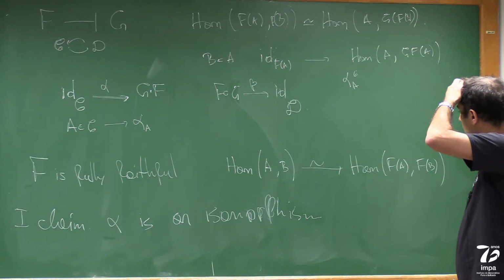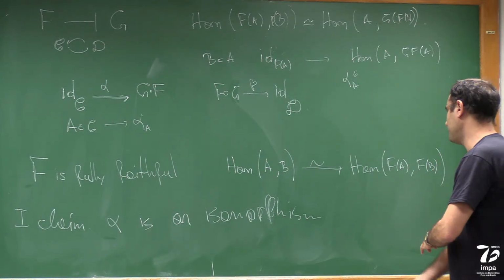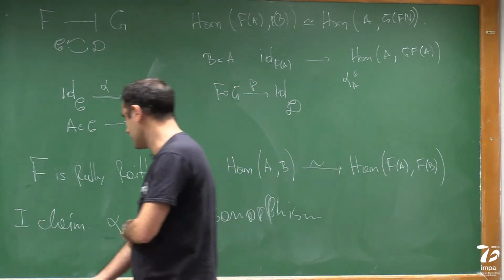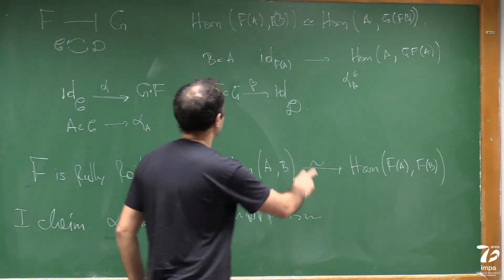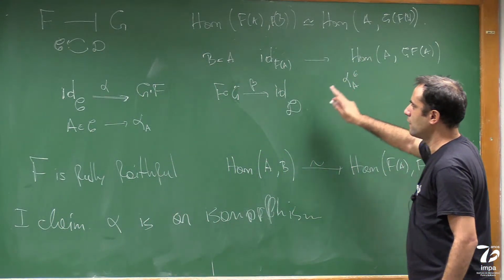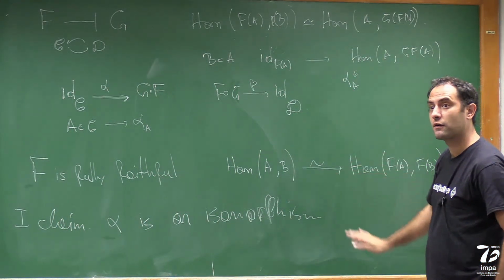Okay. So how is it that this diagram commutes? How do we get this alpha, or how do we get this beta out of this construction?